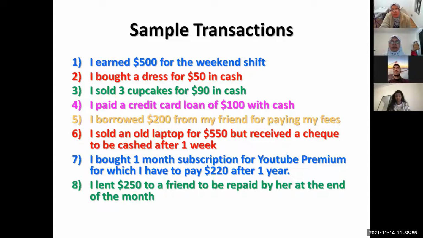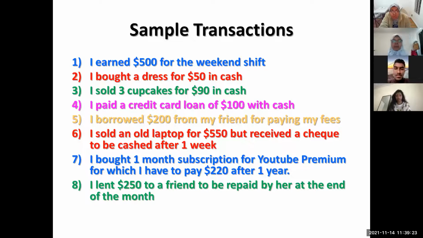Thank you very much. And the last transaction with Mutasina. I lent $250 to a friend to be repaid by her at the end of the month. So the $250 that I'm giving to my friend, is that accounts payable? I lent, so you gave 250.